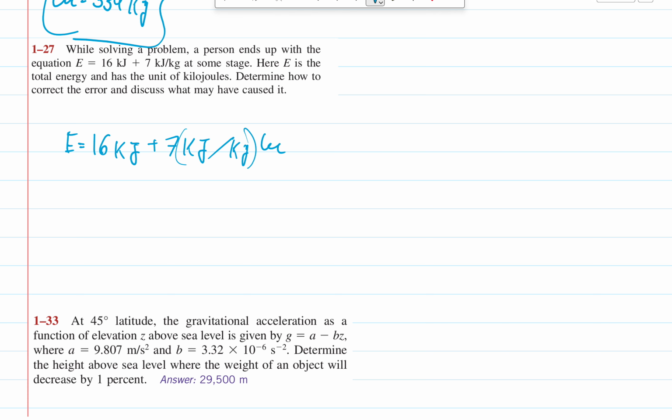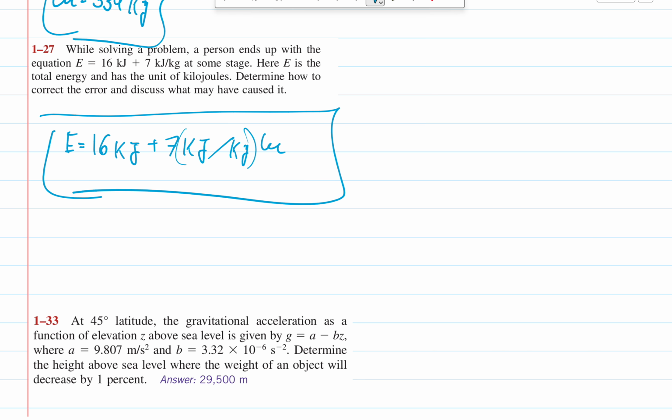The problem here is that the person who solves this question most likely forgot the kilojoule per kilogram. He forgot to multiply the kilojoule per kilogram by the mass, or it could just be the total energy, mistaking it for the energy per kilogram. So this is our final equation, basically. If you want to rewrite it, it's going to look something like this.